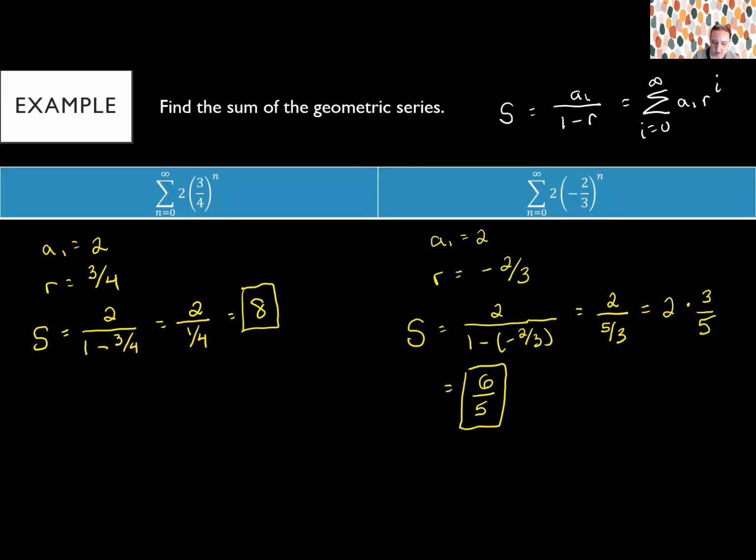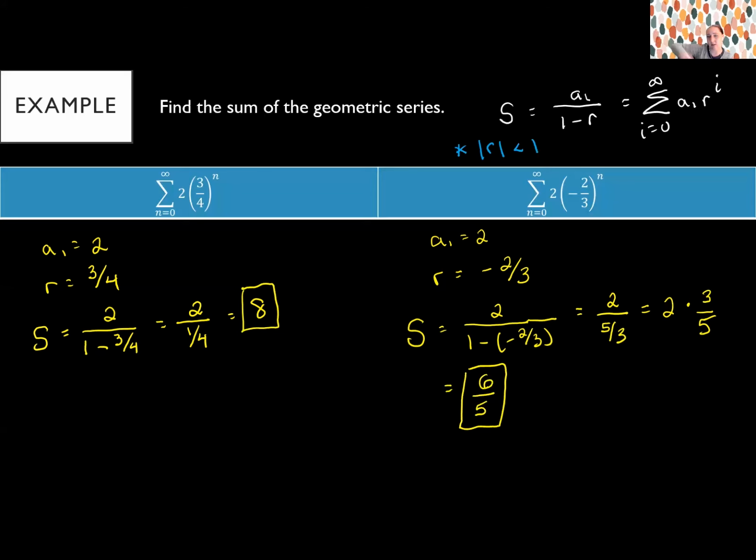Now, just as a side note here, this formula for the sum requires that the absolute value of r is less than 1. You're not going to ever be asked to find the sum of a geometric series where the absolute value of r is greater than 1, because there is no sum. If r is greater than 1, as it goes towards infinity, it doesn't get towards 0.